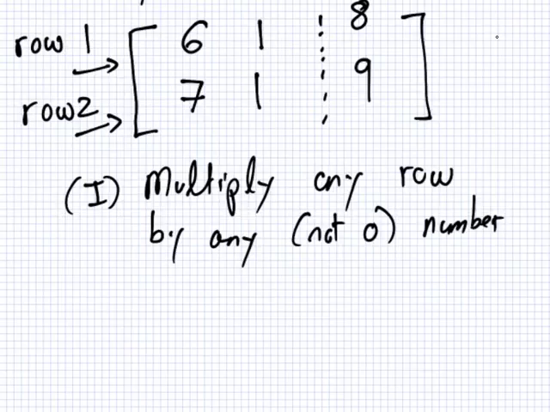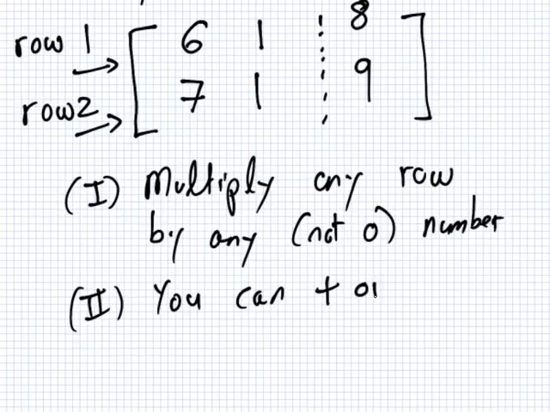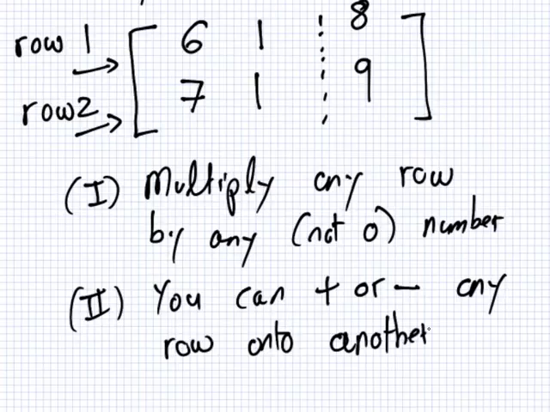And the second rule, you can add or subtract any row onto another row. So he said you could maybe do row 1 plus row 2 and put the answer here. I'll explain with an example.